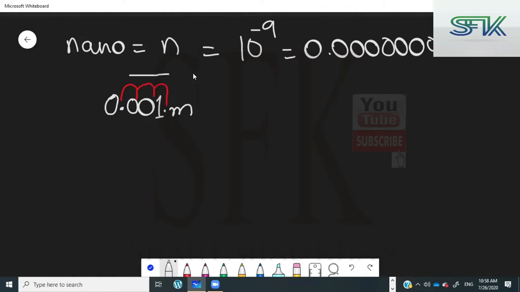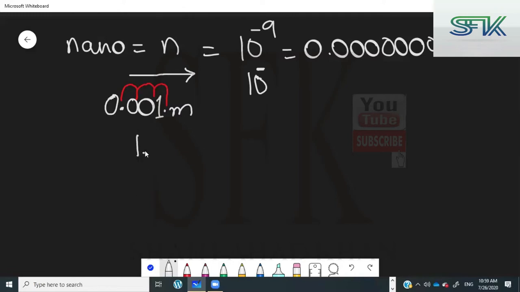Remember one thing, whenever the decimal moves from left to right, look at this arrow, it always means that you need to write the answer in the form of a negative power. So the 10 that you are going to multiply to this one will always have a negative power whenever the decimal has been shifted from left to right. Now in this case, it has been shifted by 3 digits, so this would become 1.